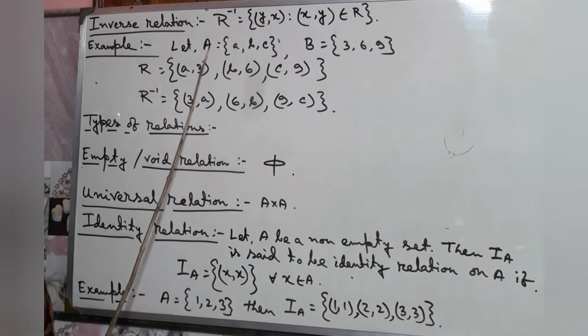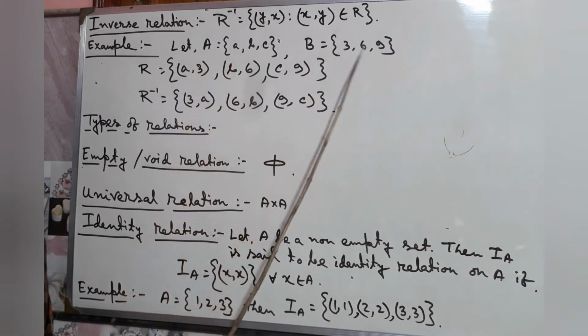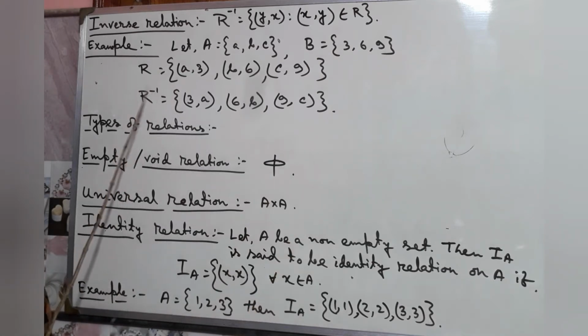Suppose the set A is {a, b, c}, set B is {3, 6, 9}, and the relation R is (a,3), (b,6) and (c,9). Then what is the inverse of this relation? All these ordered pairs will be reversed. That will be (3,a), (6,b), (9,c).